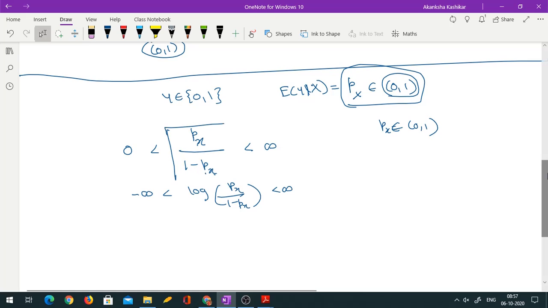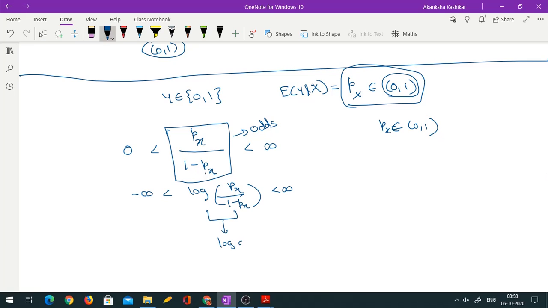Those who follow betting would know that this is known as odds: probability of winning upon probability of not winning. If your odds are 2, it means you are twice as likely to win than to lose. So this becomes log odds.